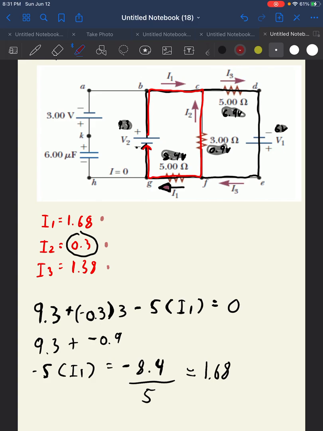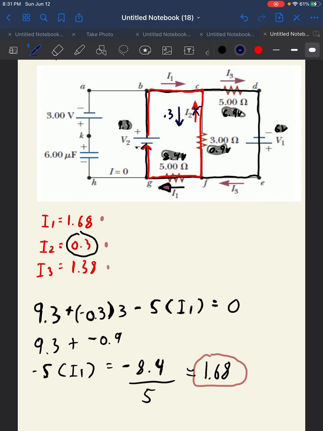We were able to work backwards and prove that I1 was 1.68 by plugging I2 into the equation. And remember that I2, if this was ever on the exam, was in the incorrect direction because it said it was negative 0.3. So in reality, the actual direction of this current would be going in this direction at 0.3 amps, not in this direction. So that is a recap of everything.